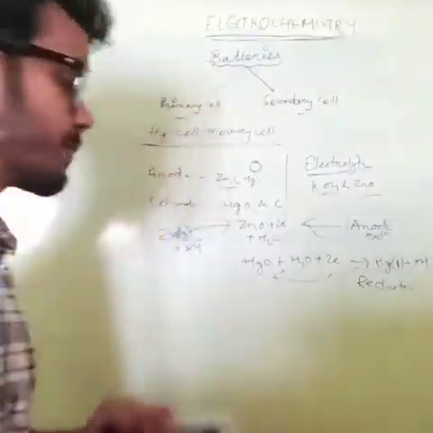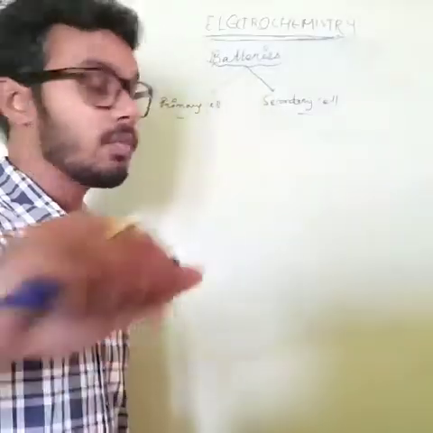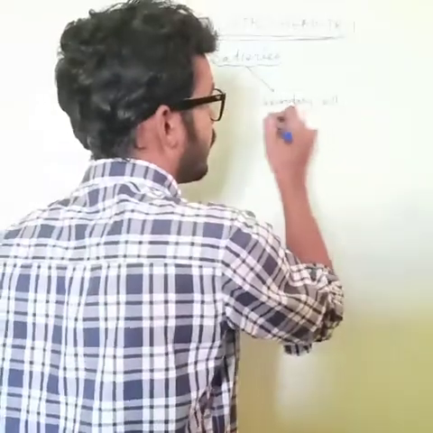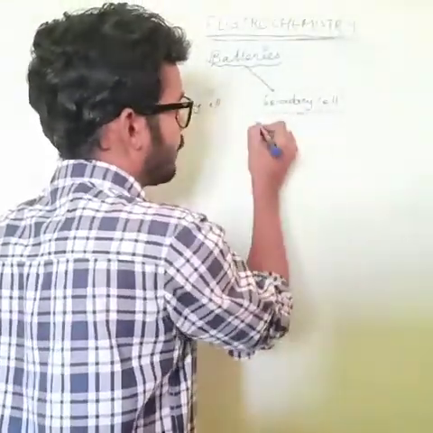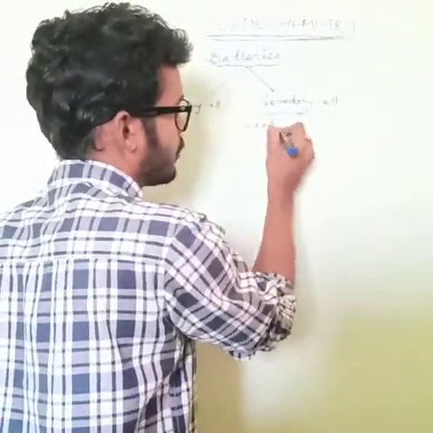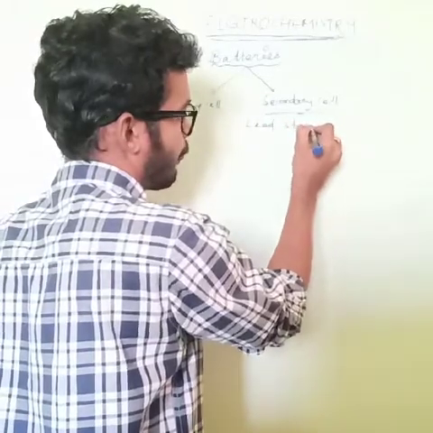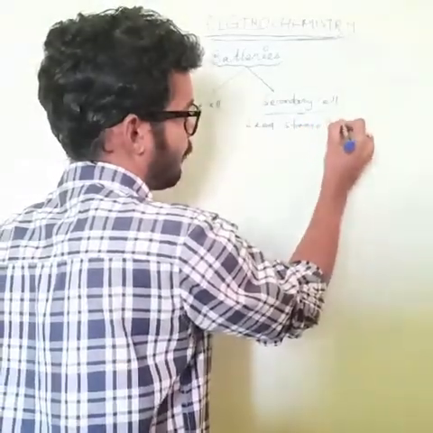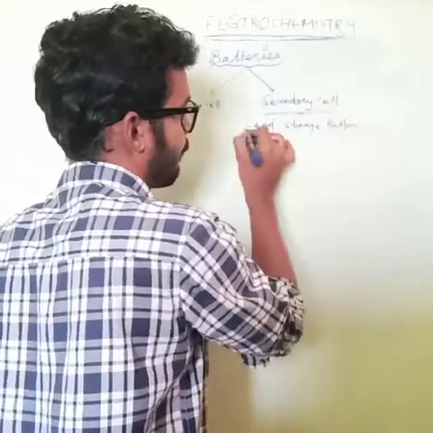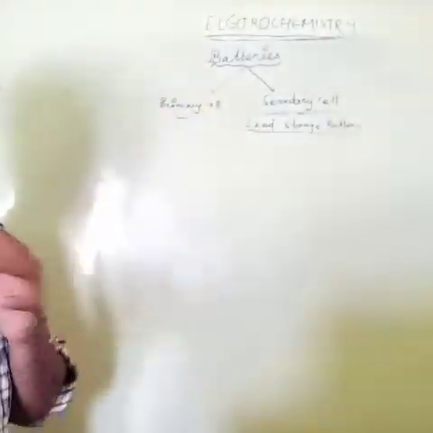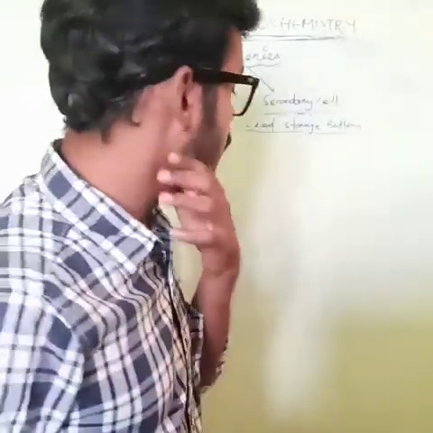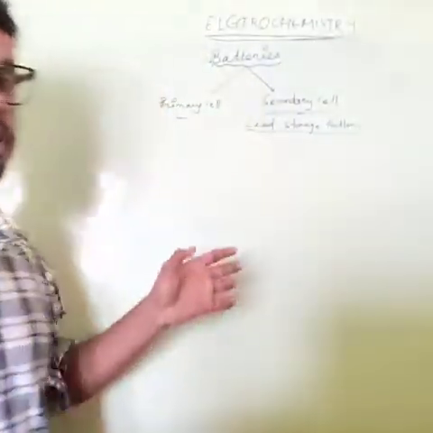Let me clean these things. So the secondary cell is your lead storage battery. So what is the cell over here? Very simple.